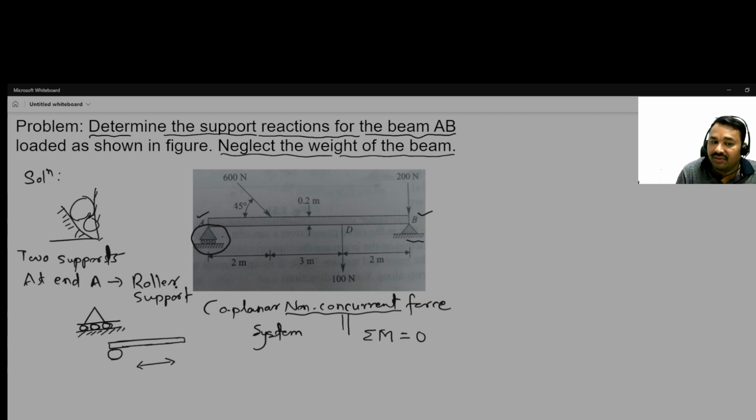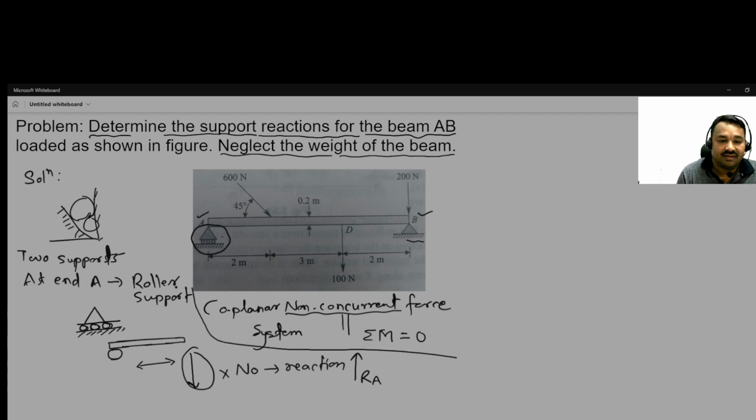But can the beam go vertically downward? No. If it cannot, then there is a reaction. It cannot go down, which means there is a support reaction upward. And what will be the name of the support reaction? It is RA.